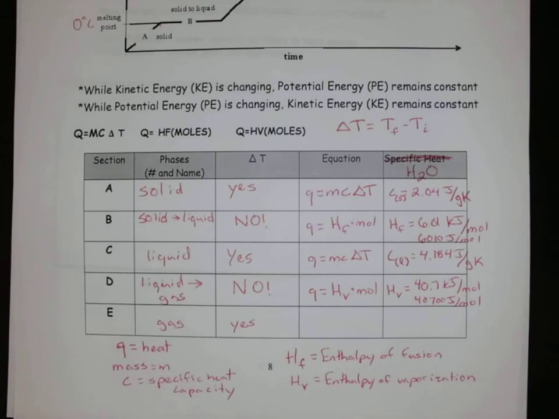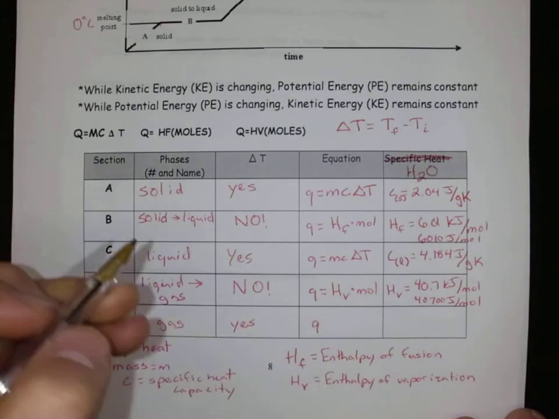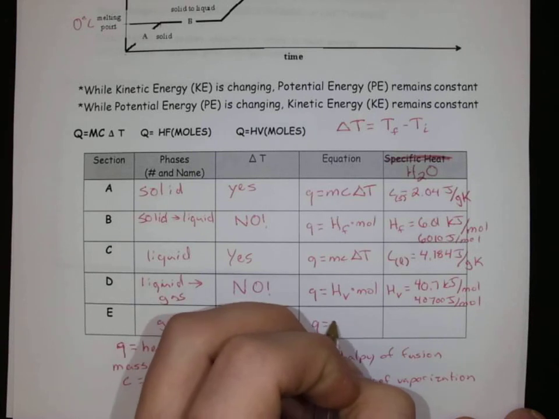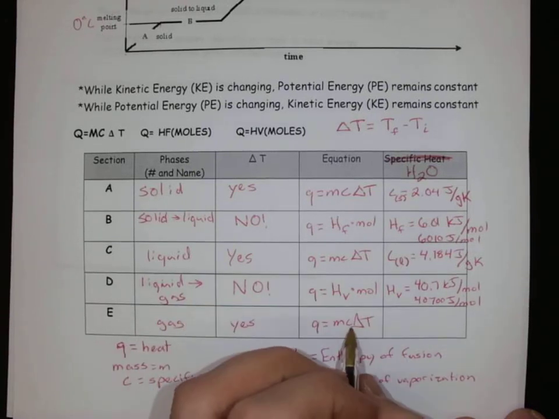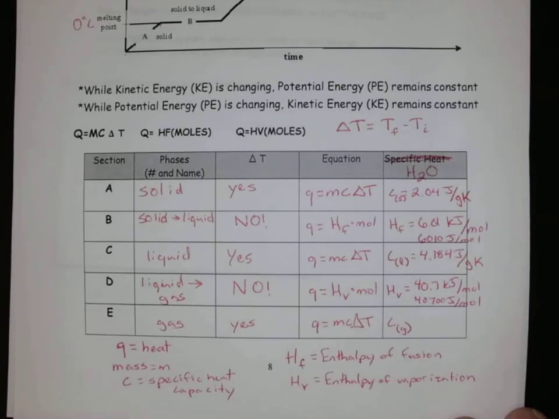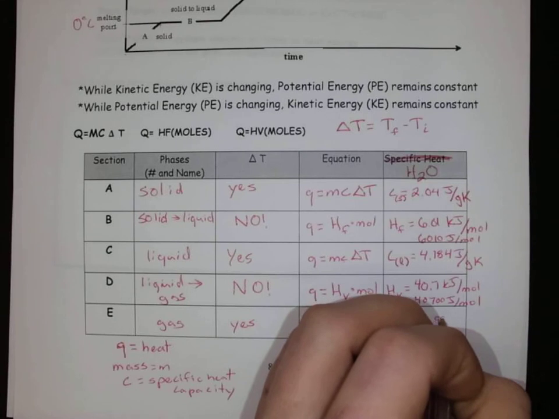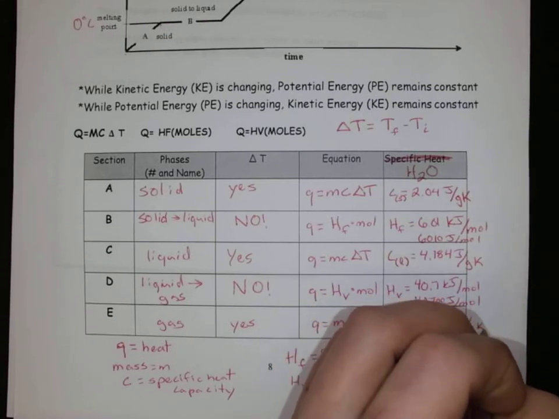We need to heat up our particles and change that average kinetic energy. So again, if we are changing the kinetic energy, all of our diagonals on our graph, we can use Q equals mc delta T. But the C value here, again, changed. So we're going to do C value for gas is equal to 1.996 joules per gram Kelvin.